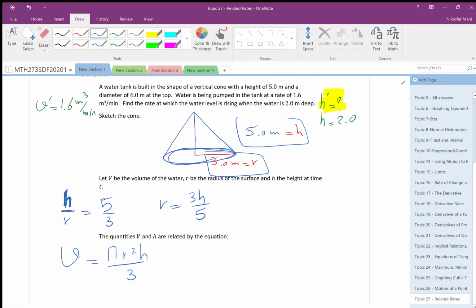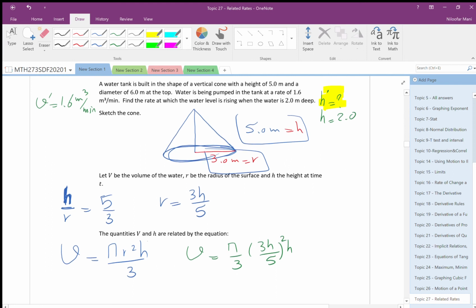I have to say derivative of this times this, no change, derivative of this times this, no change, so I don't want that. What should I do now? I make it easy for myself. V is pi over 3, 3h over 5, h, right? Squared. I need squared as well, because it's r squared.